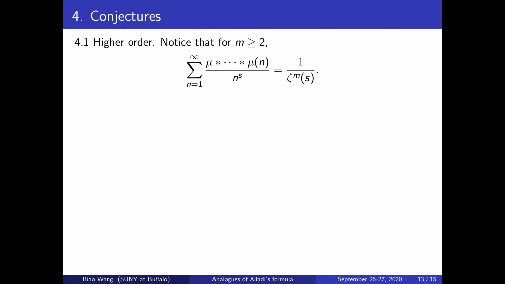Finally, I'd like to talk about some conjectures. First, in previous examples, they are related to the reciprocal of the Riemann zeta function. Actually, we can consider the m-fold convolution of the Möbius function.